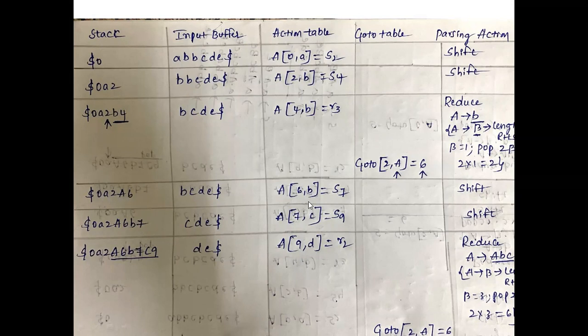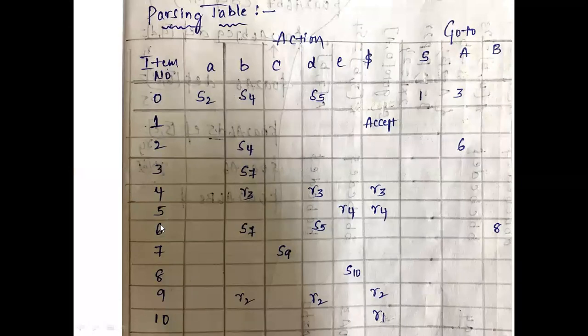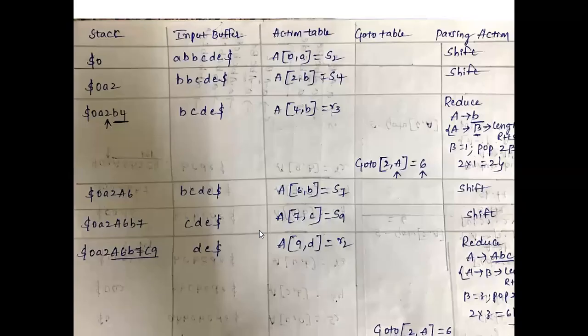Now I'm performing the action of 6 comma B. From the table, 6 with B is S7, that is shift 7. What am I shifting here? The input B from the input buffer along with 7. That is, B and 7 are shifted onto the stack. Now 7 is on the top of the stack.